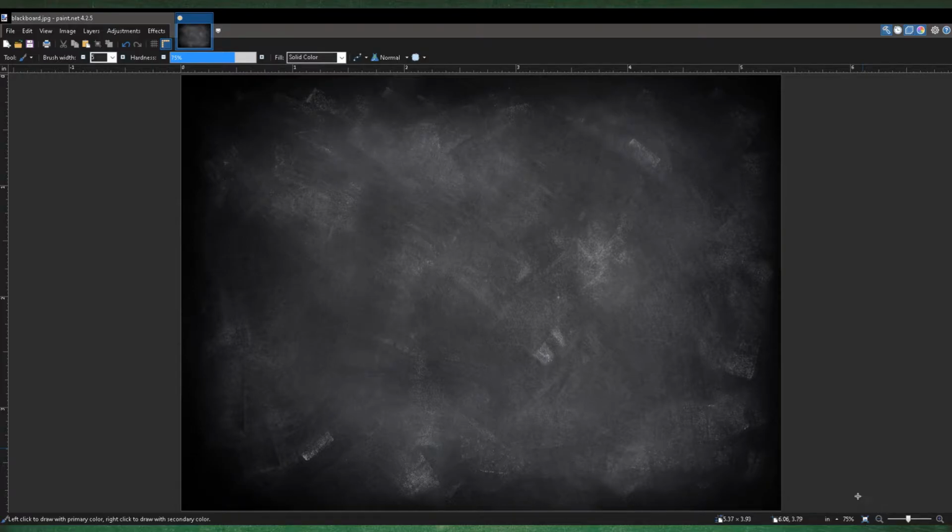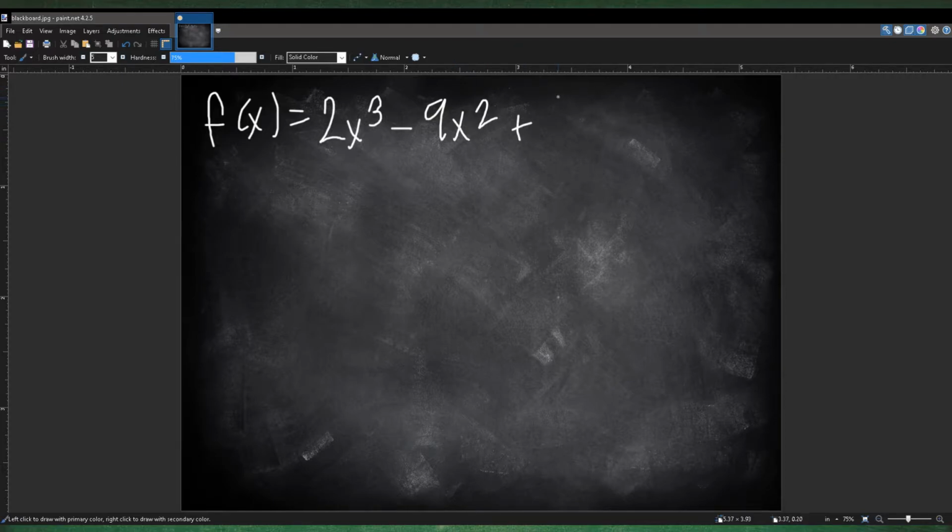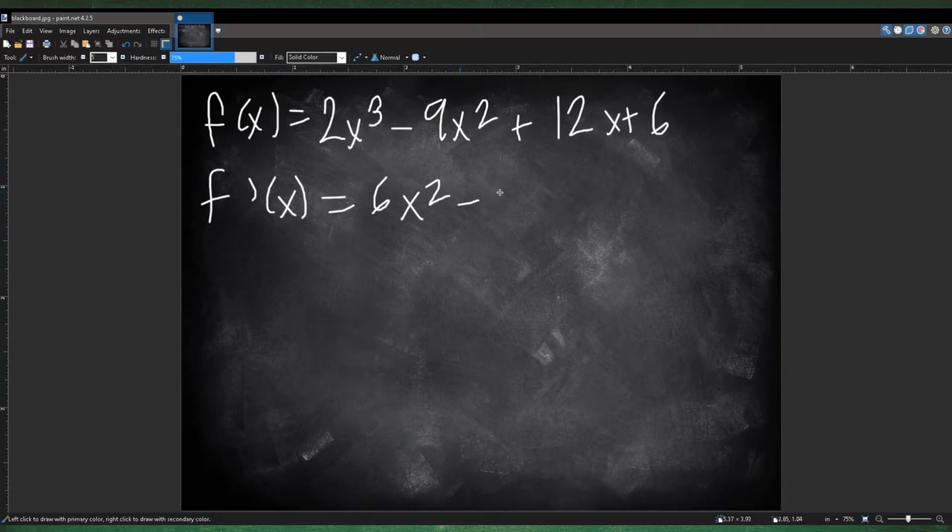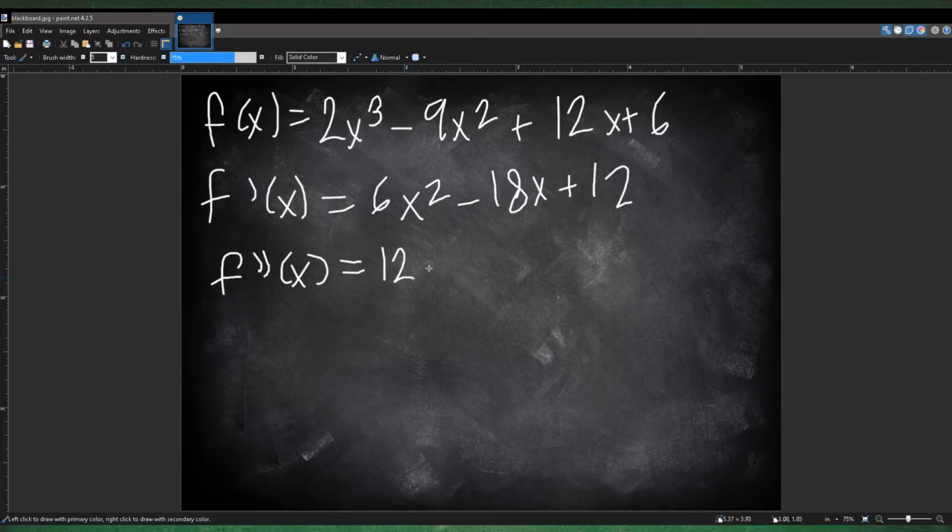So in our original function, we have f of x, which is equal to 2x cubed minus 9x squared plus 12x plus 6, using our same example again. We said our first derivative is equal to 6x squared minus 18x plus 12, and our second derivative is equal to 12x minus 18. Sorry about the handwriting. Now, we set x equal to 1.5.